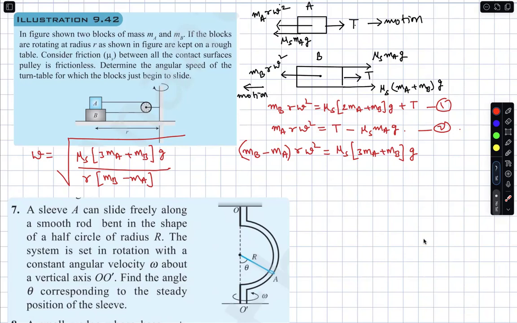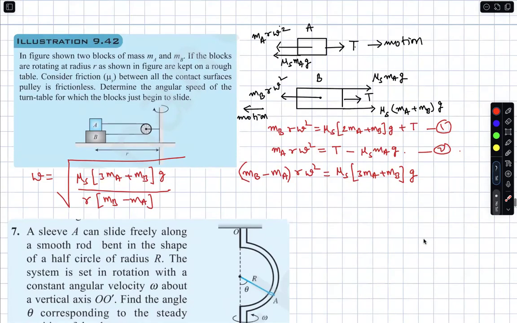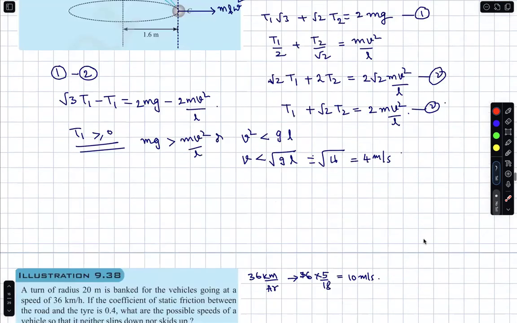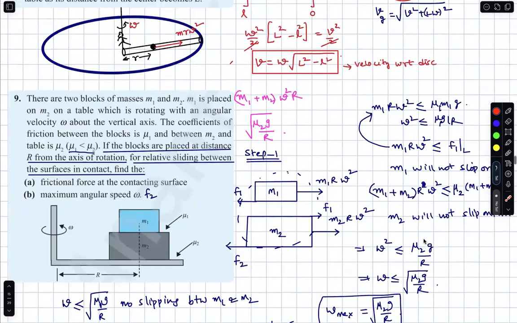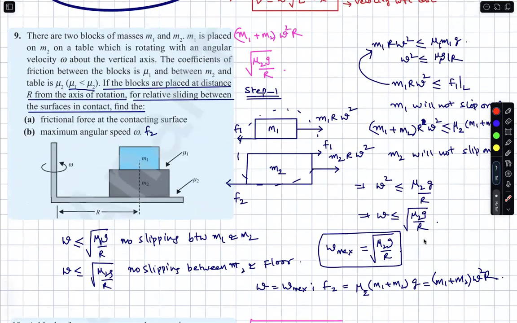See, you are confusing. I know why you asked this question, Anika. Your basic problem is you are mixing that question with this question. In this question, there is no string. There might be a possibility that both might move away from the axis of rotation together.